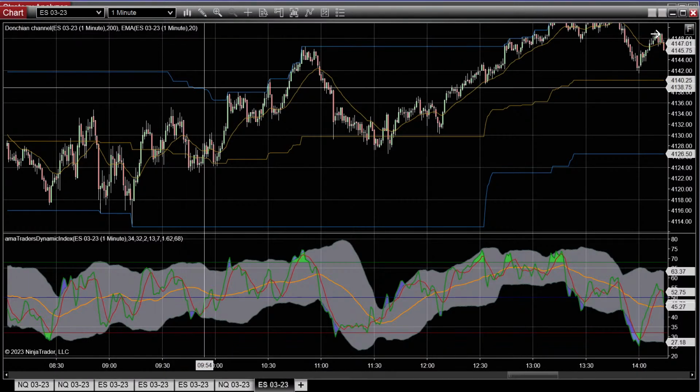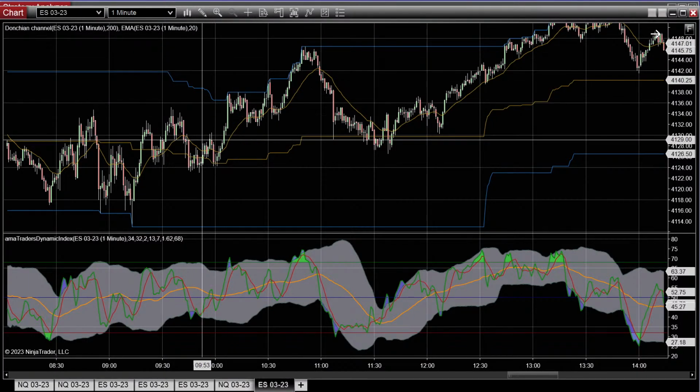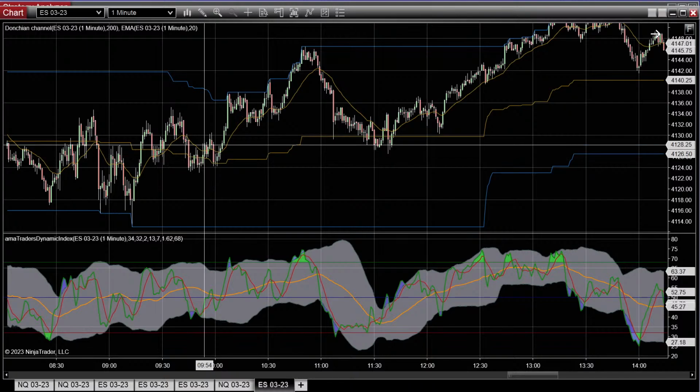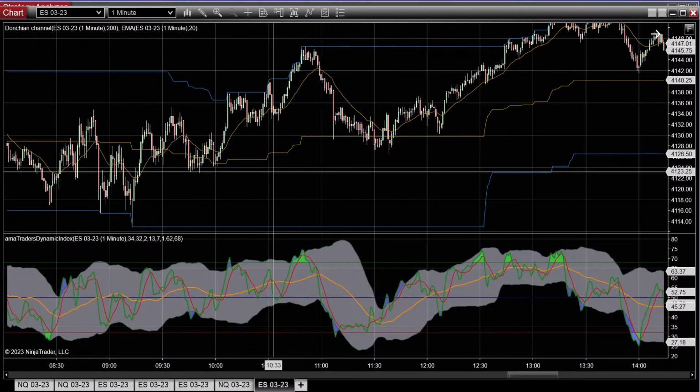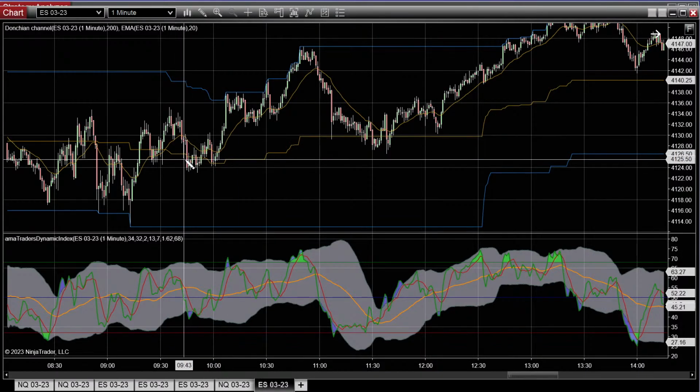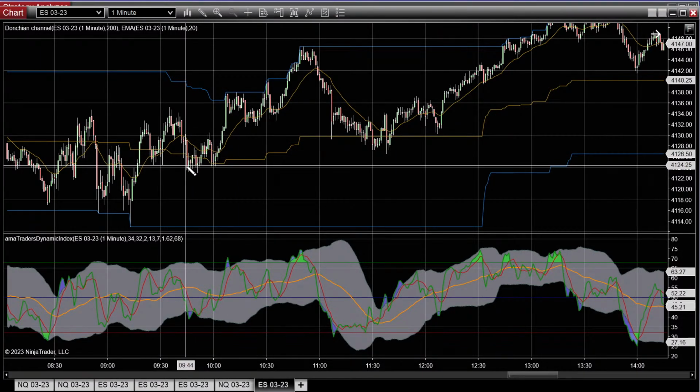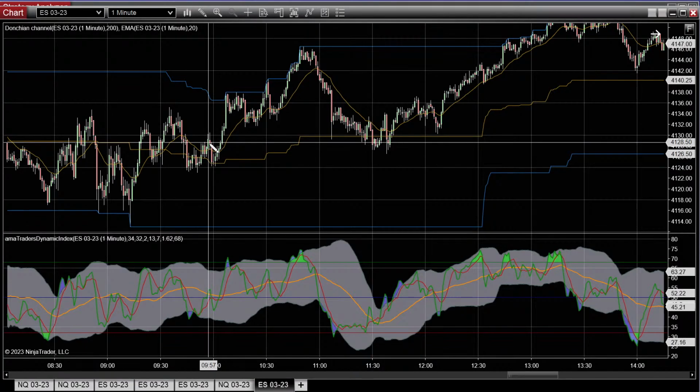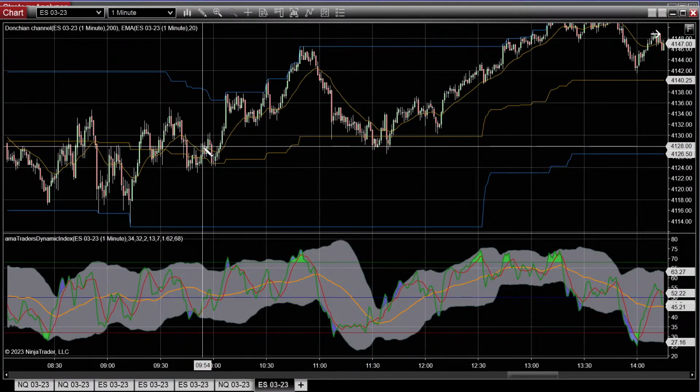I think the simplest trigger to use here would just be when price crosses above the EMA. So I can draw a line here. Here price closes beneath the middle Donchian, and then we'd enter long when price crosses above the EMA.